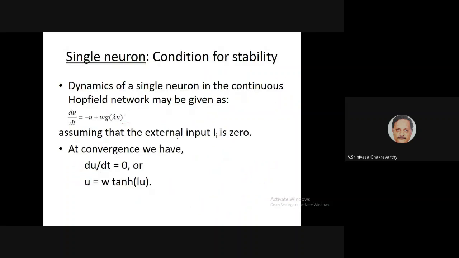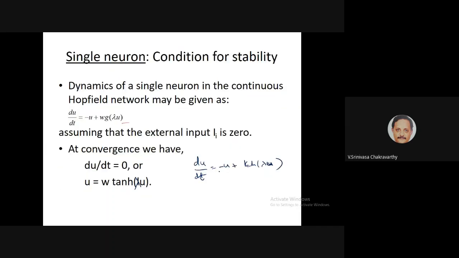And if I also ignore the external input, and for simplicity take w equal to 1, so that the self-feedback term is 1, then I get du by dt is equal to minus u plus tanh of lambda u. So this is the dynamics of a single Hopfield neuron. We actually looked at this neuron model way back when we were discussing simplified neuron models.